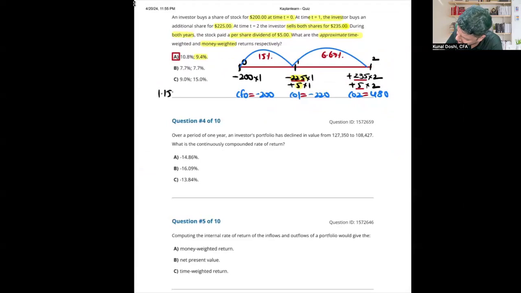I will do 1.15 times 1.0667 to the power 1 over 2. 1 over 2 is nothing but square root, minus 1. So 1.15 times 1.0667, you'll get 1.2267. Press square root, minus 1, and times 100, you will get 10.75, which is approximately 10.8.